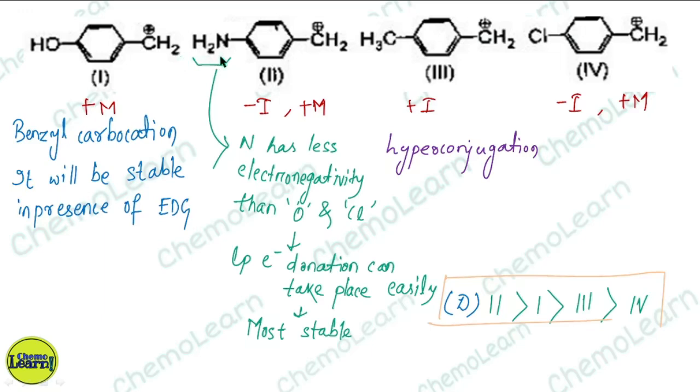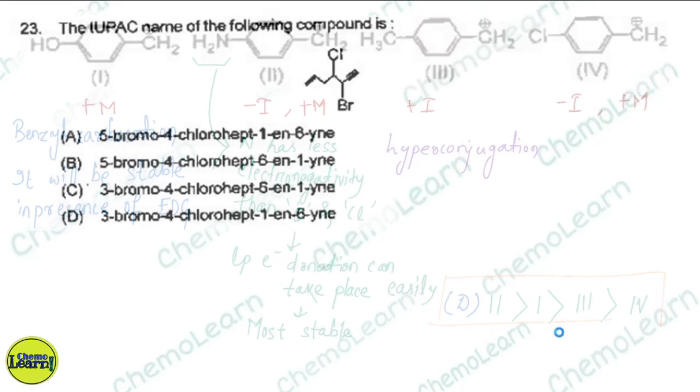But if you compare them, nitrogen has less electronegativity than oxygen and chlorine. So here lone pair donation can take place very easily. That is the reason why option 2 is the most stable carbocation. So the order will be 2, then 1, then 3, then 4, so option D will be the right one.